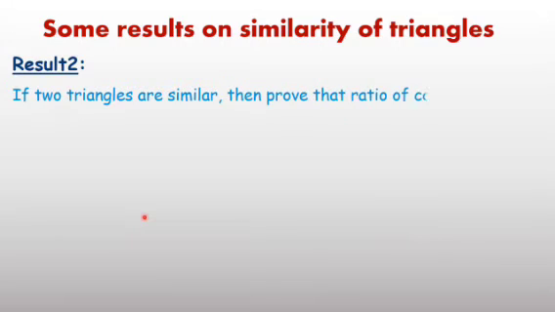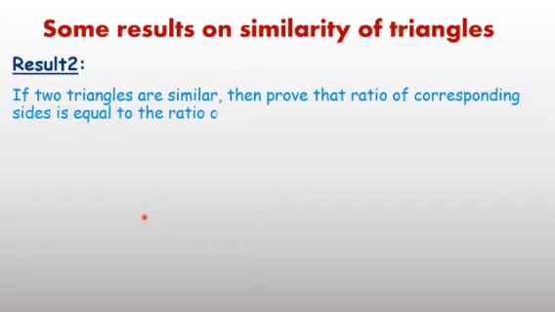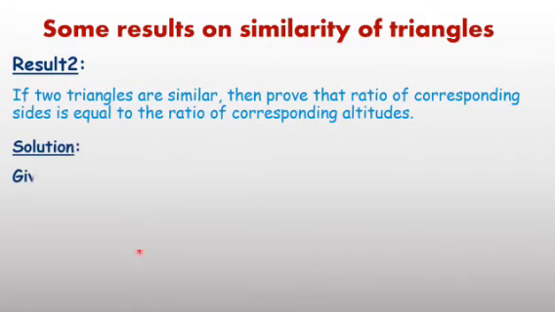Now next important result. Second, if two triangles are similar, then ratio of corresponding sides is equal to the ratio of corresponding altitudes. Now, first question, what is the meaning of altitude?